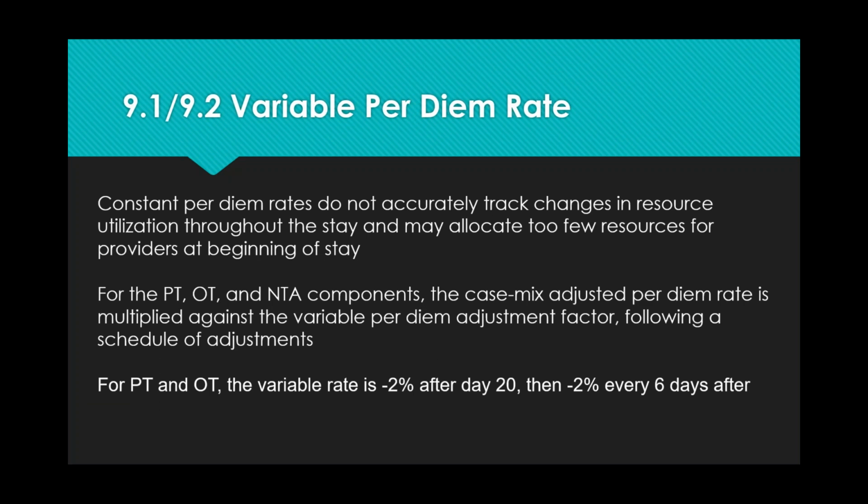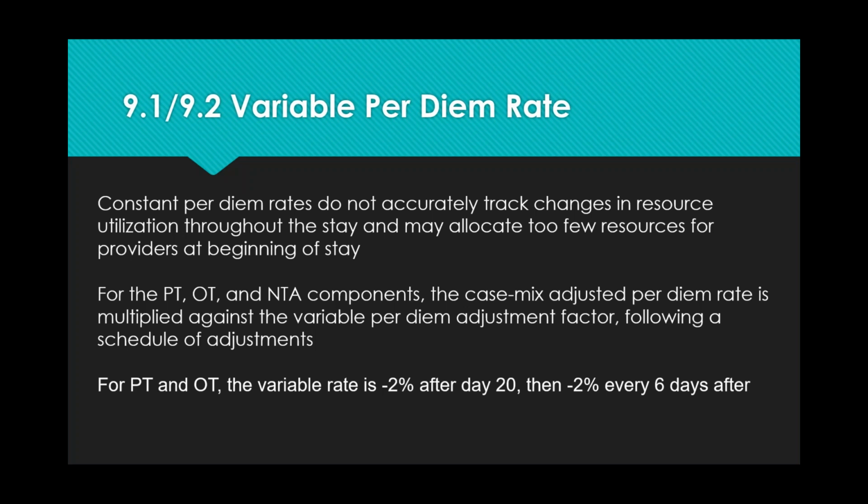Variable per diem rate. Constant per diem rates do not accurately track changes in resource utilization throughout the stay and may allocate too few resources for providers at the beginning of a patient's stay.